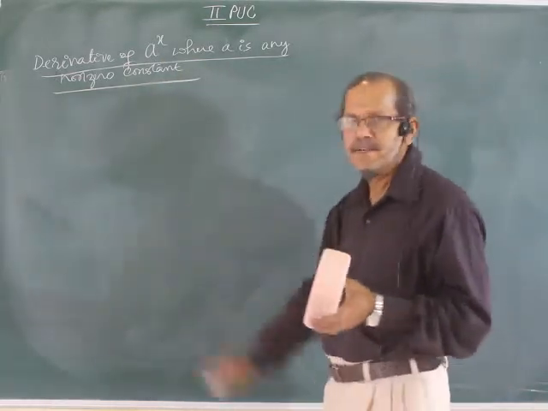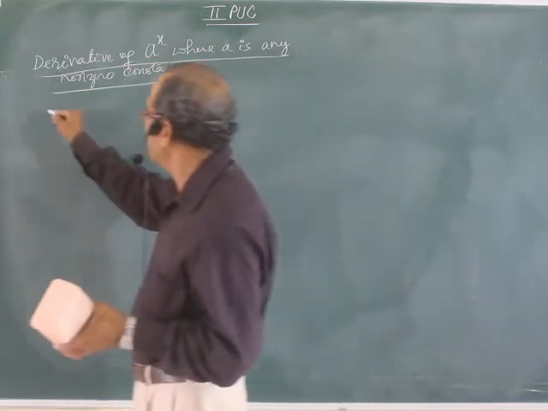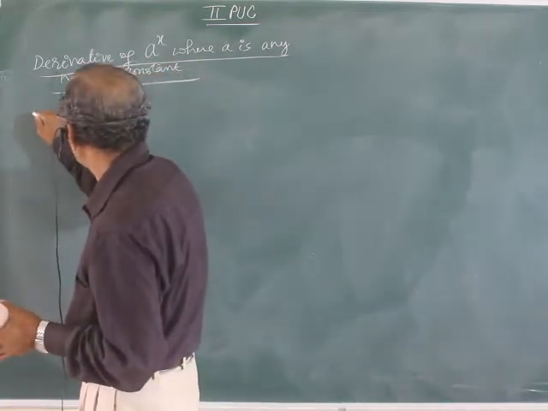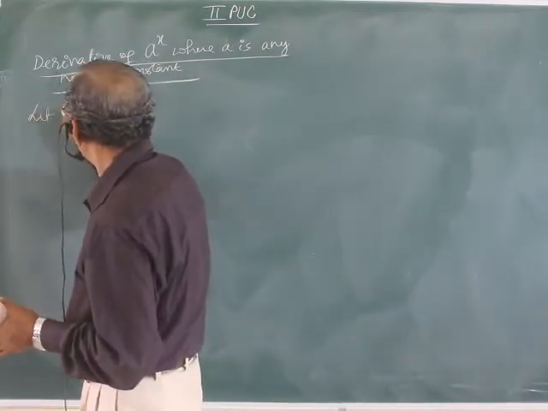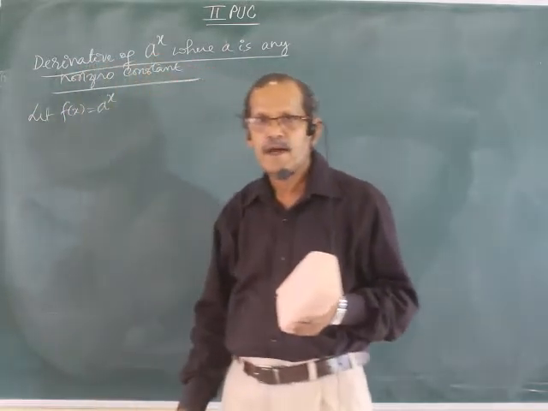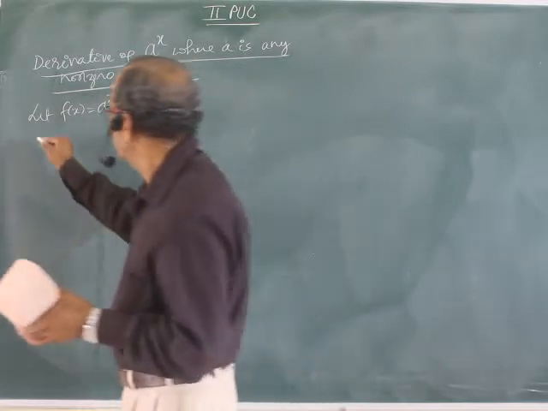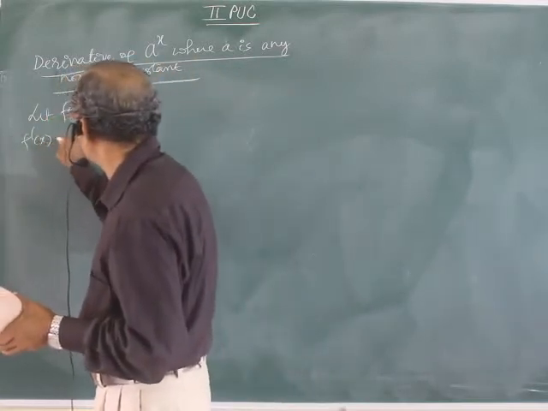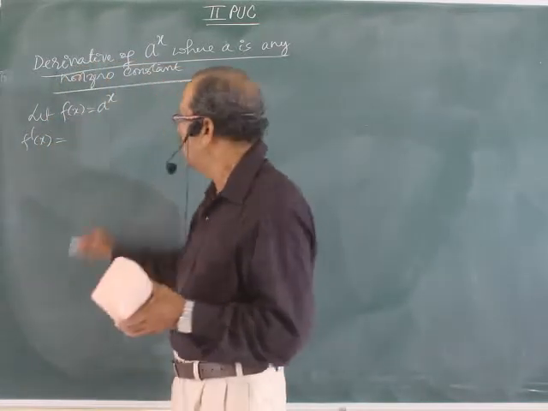How to find the derivative? Let me start with this. Let f of x equal to a to the power x. f dash of x equal to, let me write that formula first.